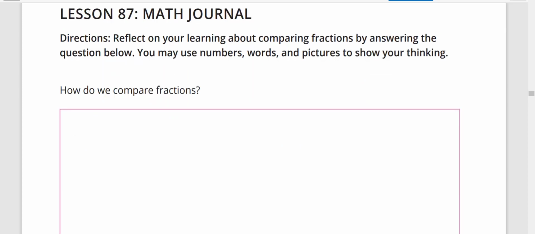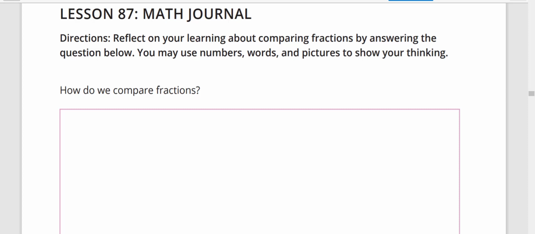Next page. Reflect on your learning about comparing fractions by answering the question below. You may use numbers, words, and pictures to show your thinking. How do you compare fractions?